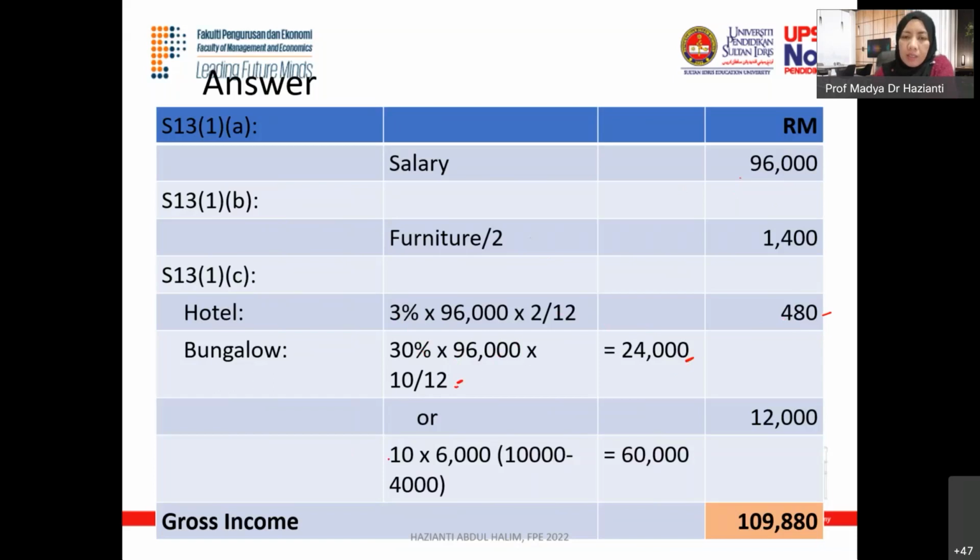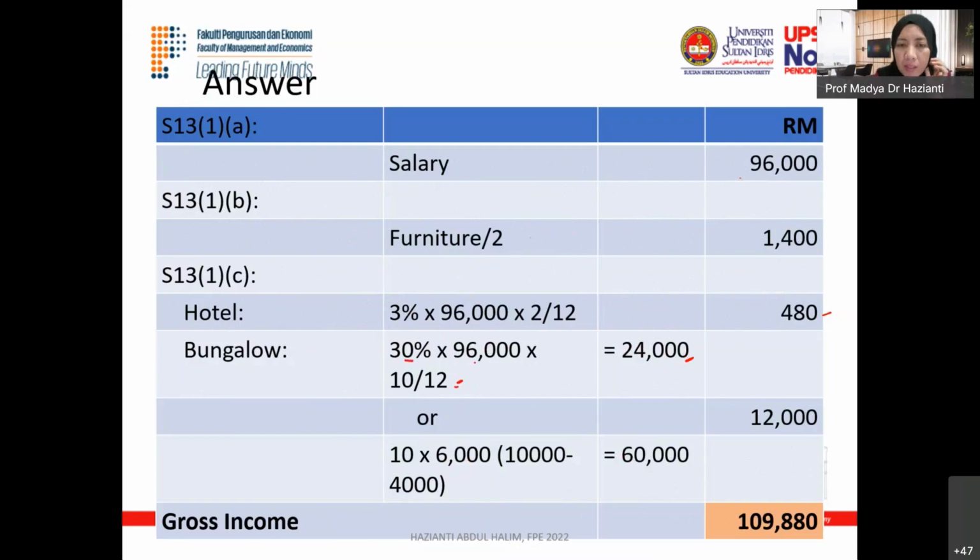Okay. Sini or the defined value, defined value dia tadi dia duduk 10 bulan juga. 10 ni 10 bulan lah. Rumah tu 10,000 tolak 4,000 furniture, so jadi 6,000. 60,000. So the lower figure is 24,000. So 24,000 kita tak boleh ambil 24,000 letak dekat sini. Sebab sekarang ni nampak tak? When we compute kita tak bahagi 2 lagi dekat sini. Right?